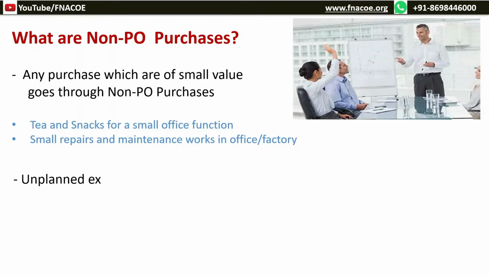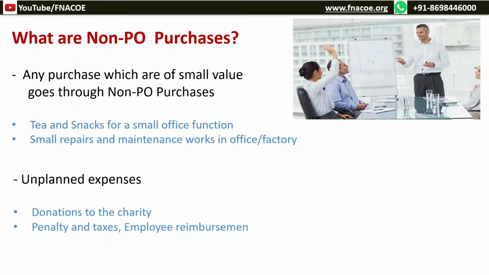A few more examples are unplanned expenses, like a donation to charity. Suppose management has decided to donate an amount to charity as part of sales and promotion expense. While the amount can be large and the recipient is the preferred charity institution, there is no question of inviting quotations from different charity institutions, right?